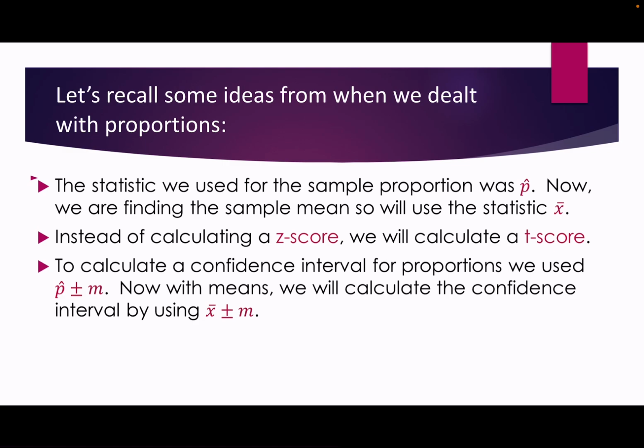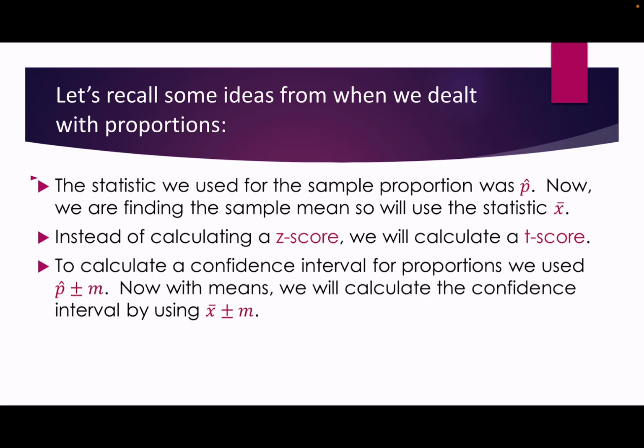So the last time we did confidence intervals, everything we did was with p hat and z-score, a margin of error. This time, we are going to use means instead of p hat, t-score instead of z-score, and m is going to be the same, but there's going to be some slightly different calculations.